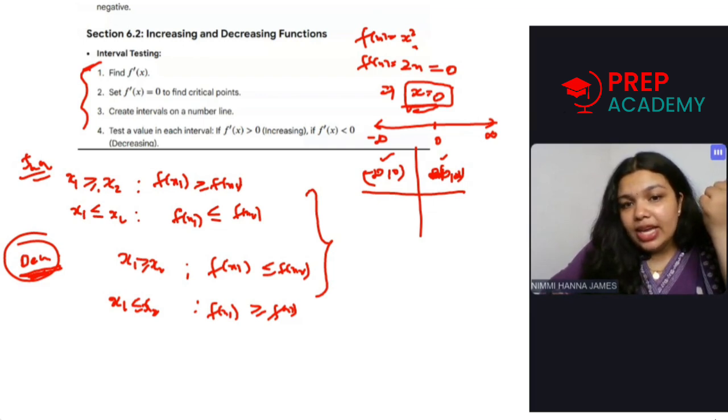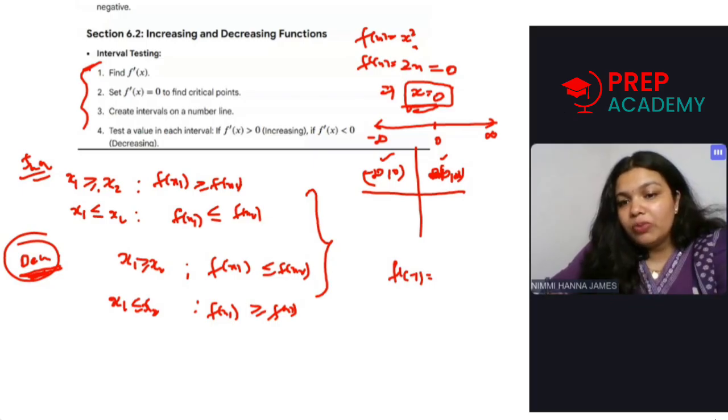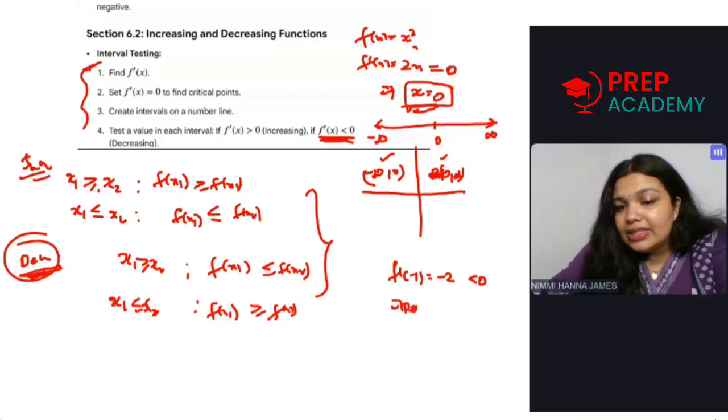We find f dash of minus 1. f dash of x is 2x, so 2 into minus 1 is minus 2. This minus 2 is less than 0. If f dash of x is less than 0, then it is a decreasing function. So in this interval, the function is decreasing.